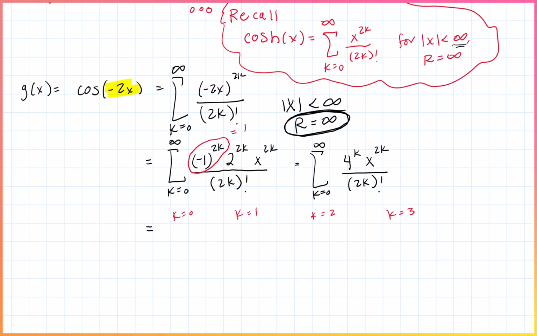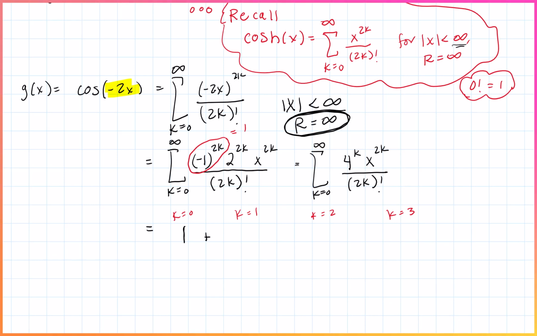So when I do that, the first term, at k equals 0, we end up with just 1, because everything is to the 0. And remember as well, from previous videos, that 0 factorial equals 1. Another quick little recall there. Okay, k equals 1.